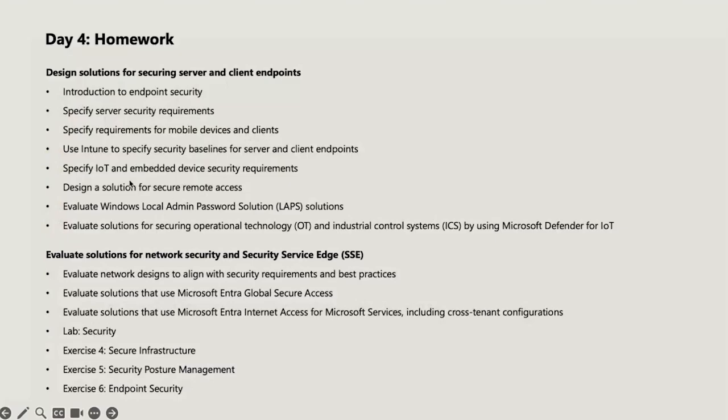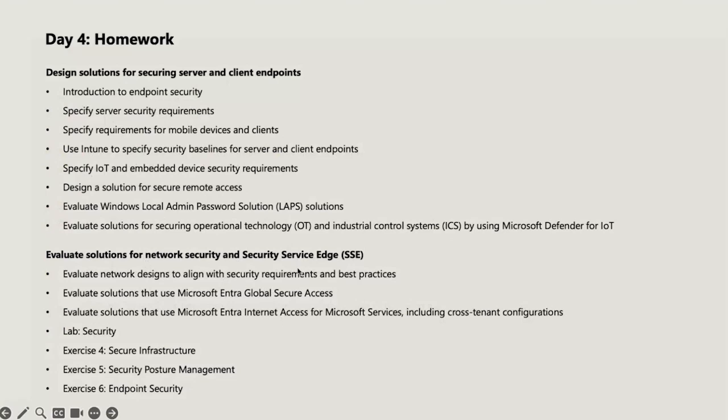Also, you'll be seeing specify IoT and embedded device security requirements, what options we have for secure remote access options, labs, how we can go for Windows local admin password solutions, what comes in OT and ICS environment, industrial control system. These all things are very helpful, and definitely we can understand more related to these topics.